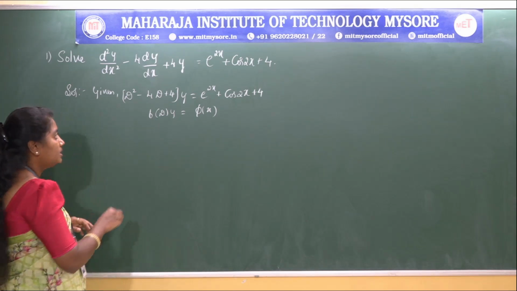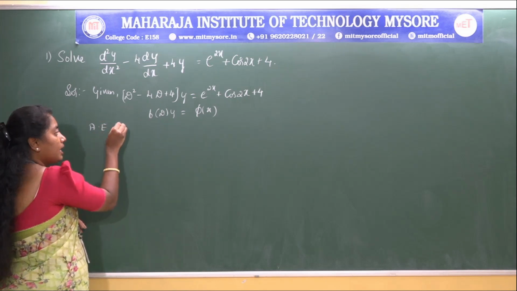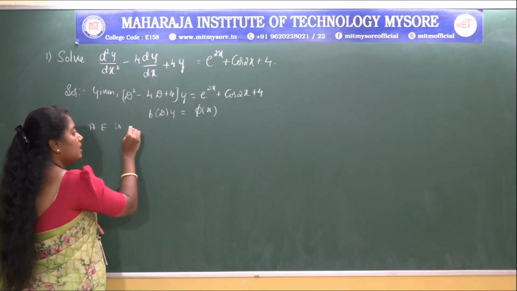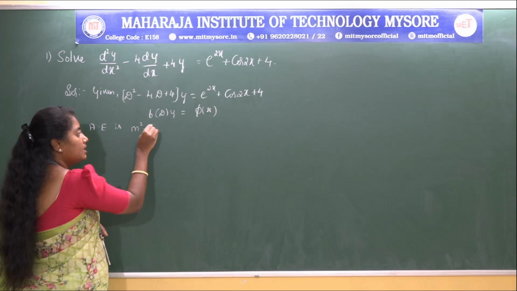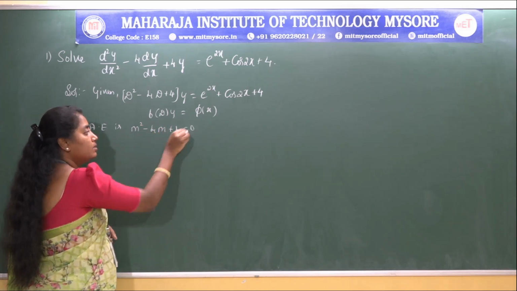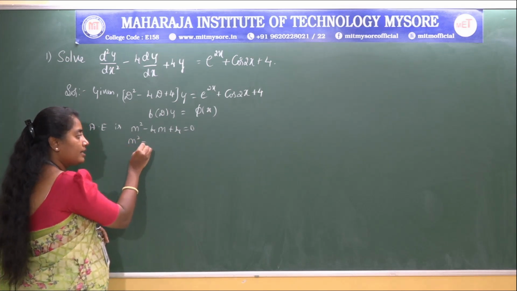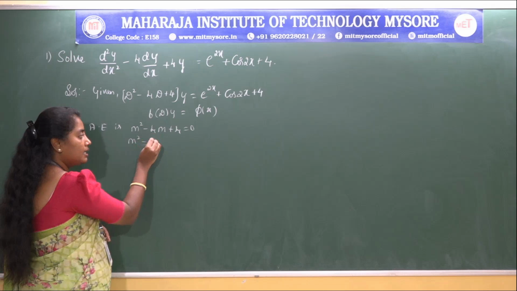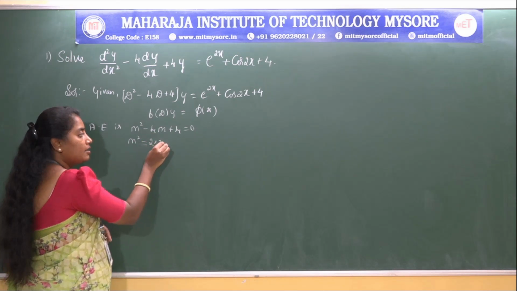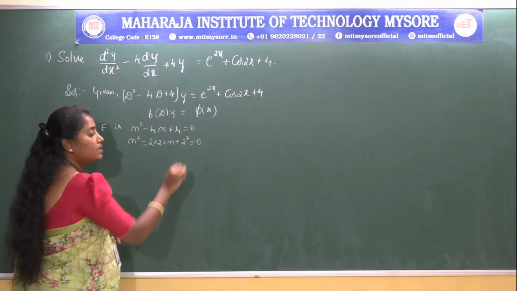To find the complementary solution, let us write the auxiliary equation from the LHS part of the equation, that is, by replacing d by m: m square minus 4m plus 4 equal to 0. We can easily factorize this: it can be written as m minus 2 whole square equal to 0.